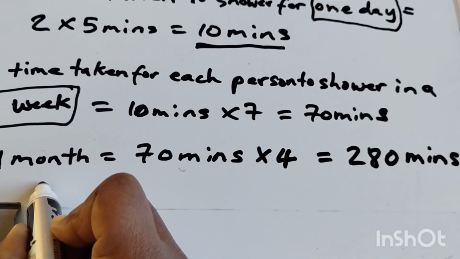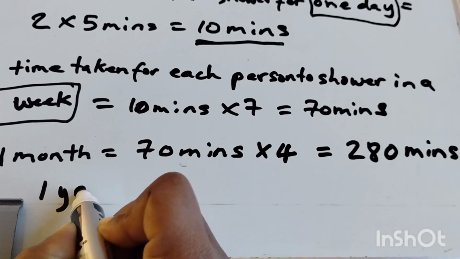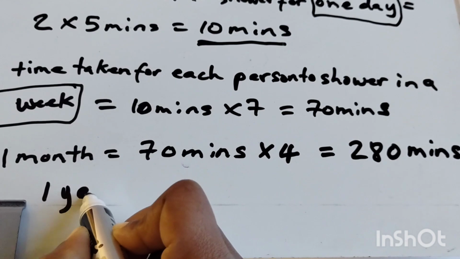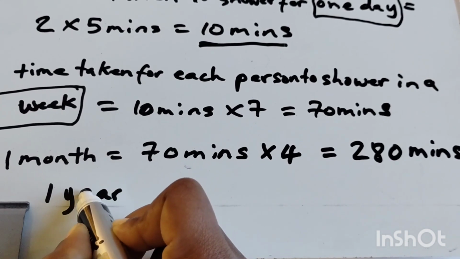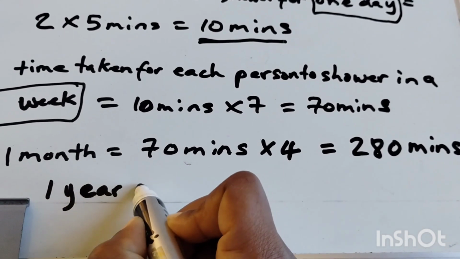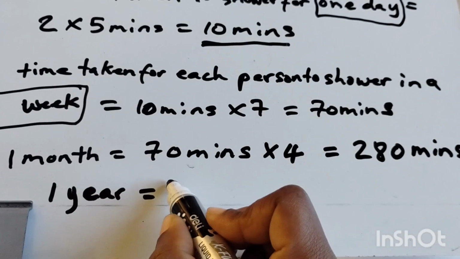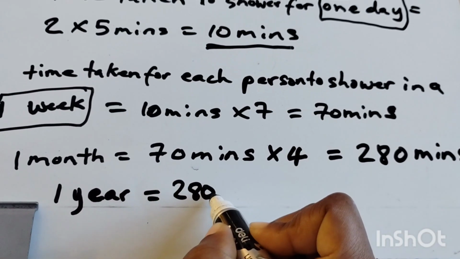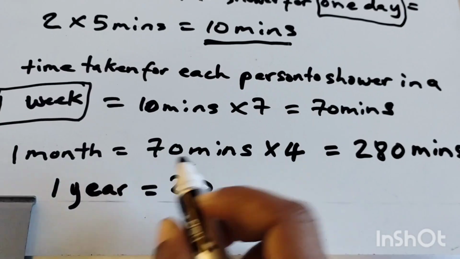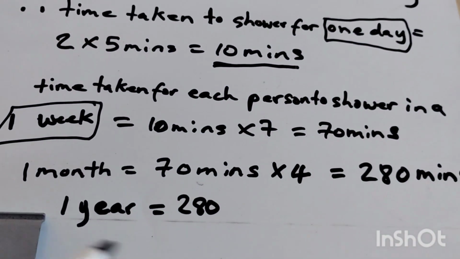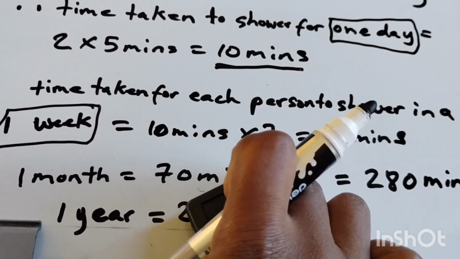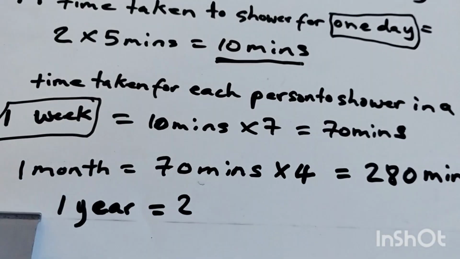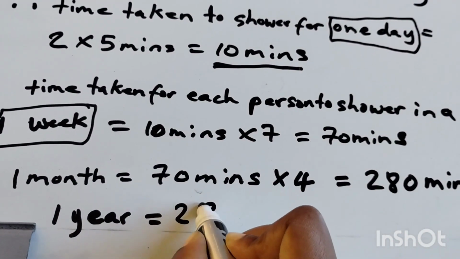Exactly. There are 4 weeks within a month. So if there are 4 weeks within a month, what did we calculate above? We had calculated how long it takes each person to shower within a week. So how would you go about calculating how long it takes each person to shower within a month?